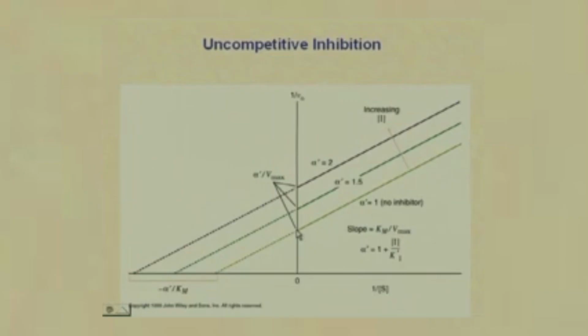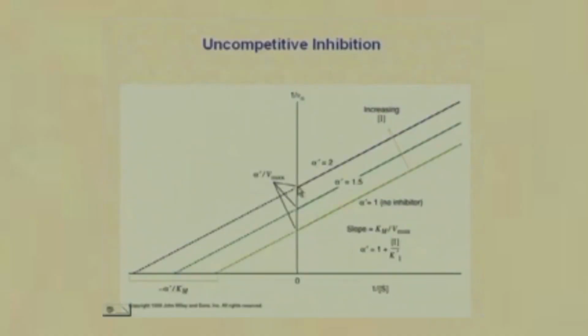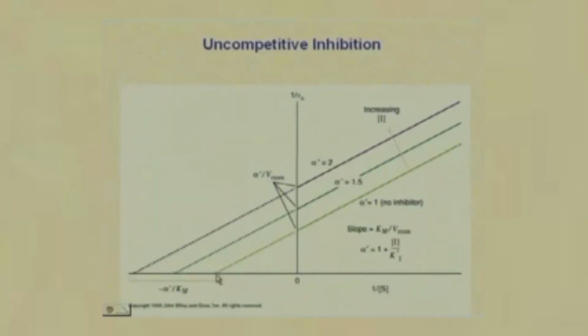If you add more of the inhibitor, that is going to decrease the initial velocity even more. So you will have an even larger value for the V0, right? So if you get parallel lines for your inhibition, you know that the inhibitor is an uncompetitive inhibitor of the enzyme. If you get lines that have an intersection on the y-axis, then what is it? It is a competitive inhibitor. If you have an intersection on the x-axis, it is a non-competitive inhibitor.